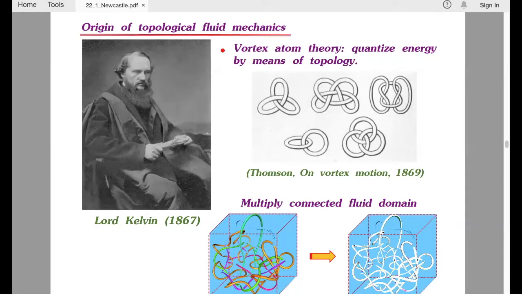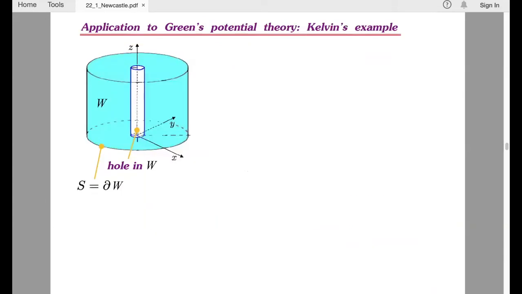So clearly that poses a question for him about potentials, because as I said, Helmholtz immediately pointed out that in a space that is multiply connected, the potential is not well defined. And here we are with Kelvin's example.